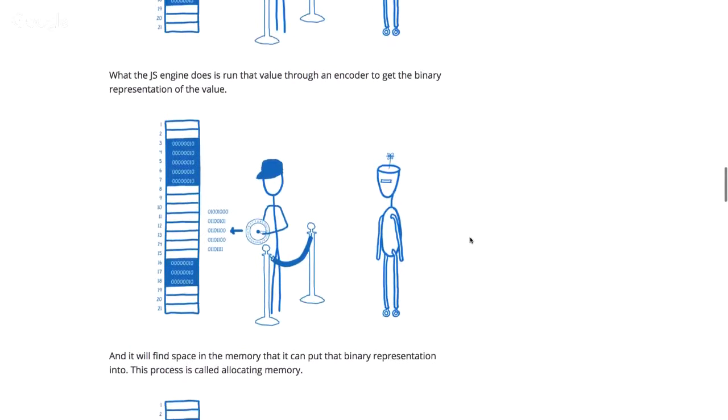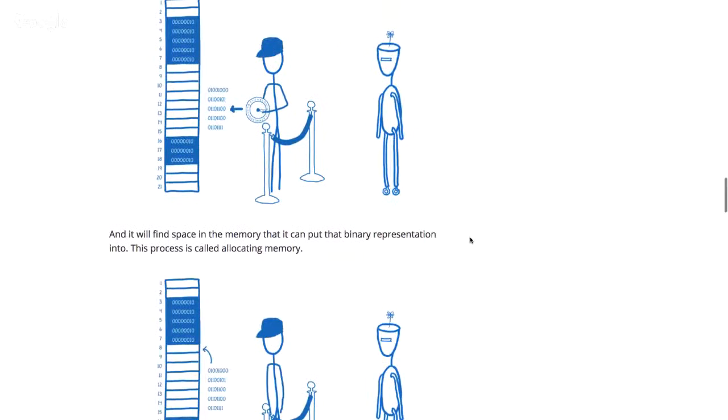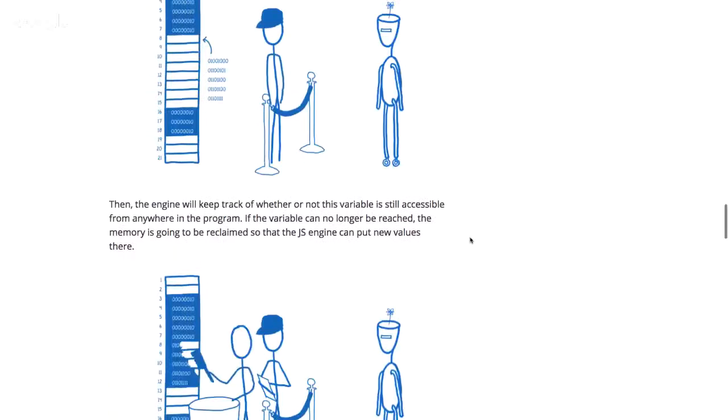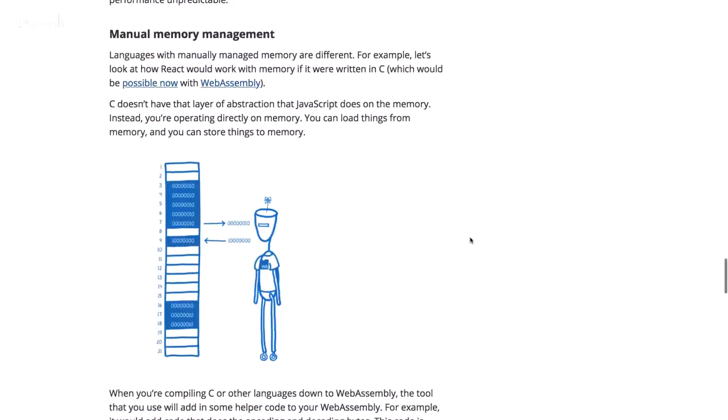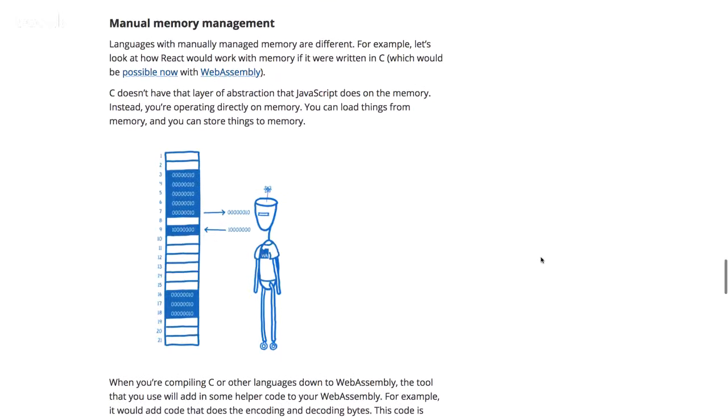The JavaScript engine takes care of memory management in JavaScript. On the other side of automatic memory management is manual memory management. Languages like C give you the ability to manually manage memory. An example in C is using malloc to allocate memory and free to deallocate memory.